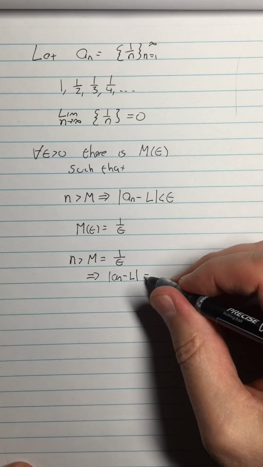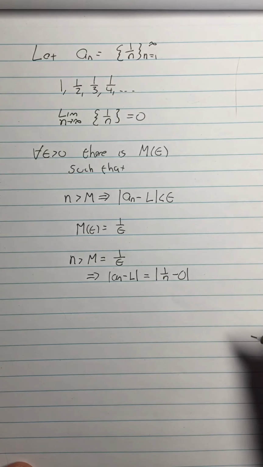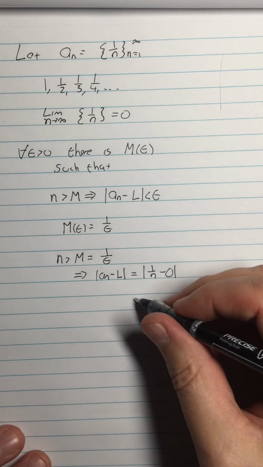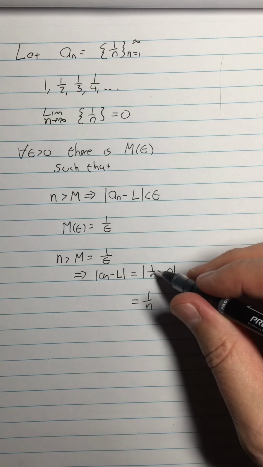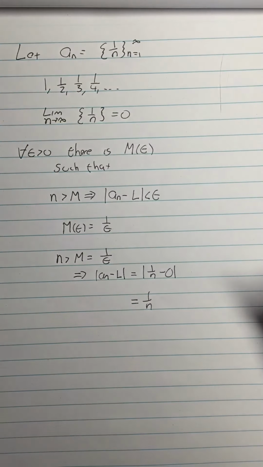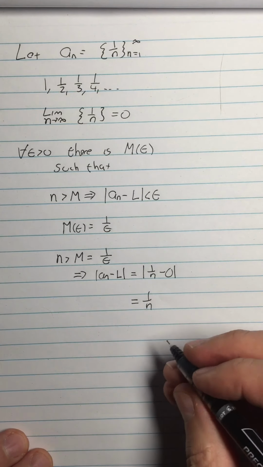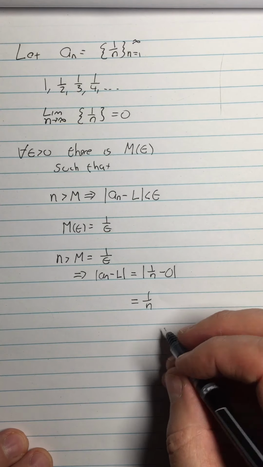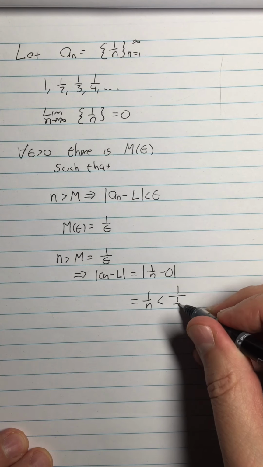Well, that's equal to, our a sub n is 1 over n and our L, our purported limit, is 0. And that just equals 1 over n because 1 over n minus 0 is 1 over n, and these values are all positive, so we don't need the absolute value.